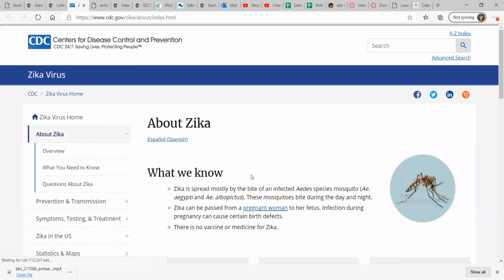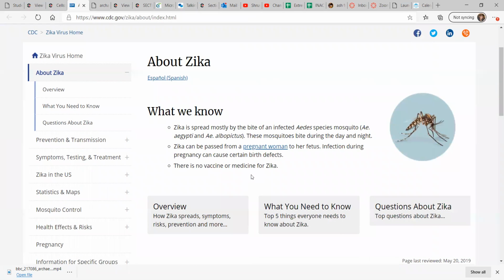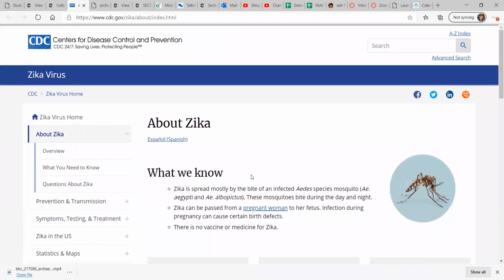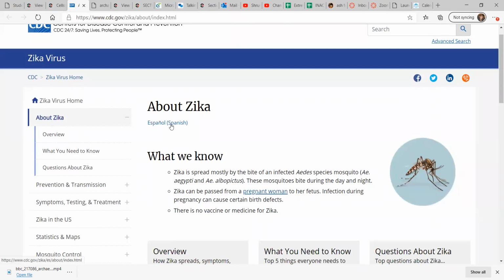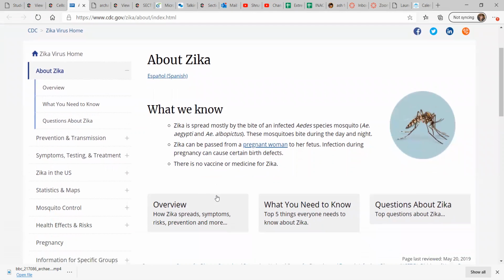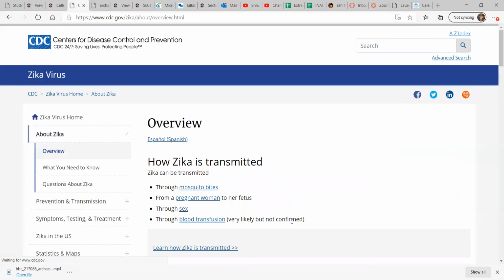I'll check this out for a few seconds, and then I will have to leave this meeting. But yeah, here we go. So the CDC, our Centers for Disease Control and Prevention, created this Zika virus layout website, both in English and Spanish, what we know about Zika, the overview.